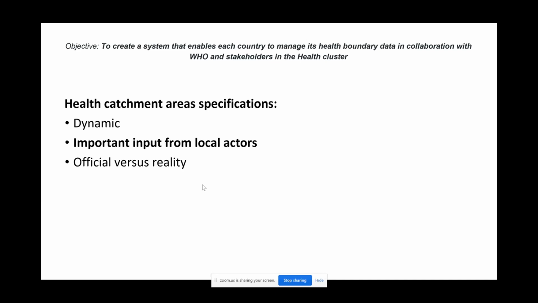It's not something static, but it can evolve in all the different countries depending on many different parameters. We also know that we need inputs from local actors. Today we are a group of different organizations, but we definitely need to involve local communities and local actors.